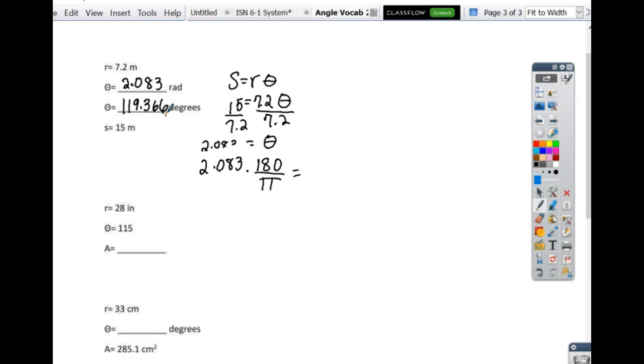Because this is in radians, but to get to degrees, yes.